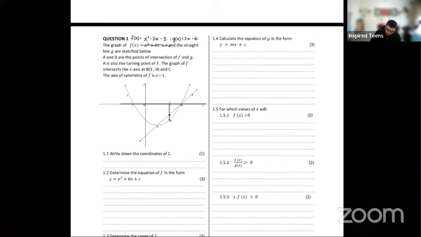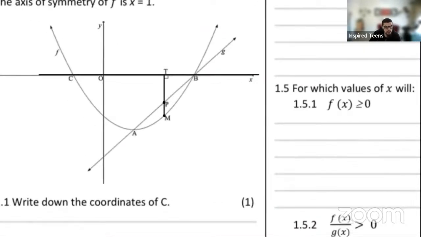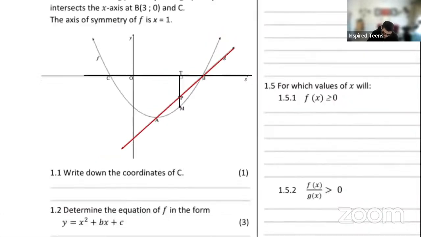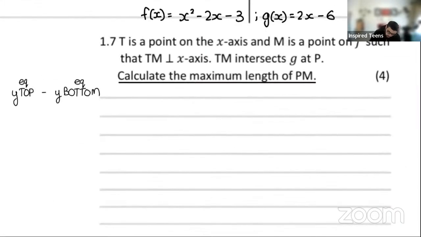So let's see between A and B, which equation is on top. That would be G of x. So to solve this, we're going to say G of x minus f of x. So y top minus y bottom is equal to G of x minus f of x.